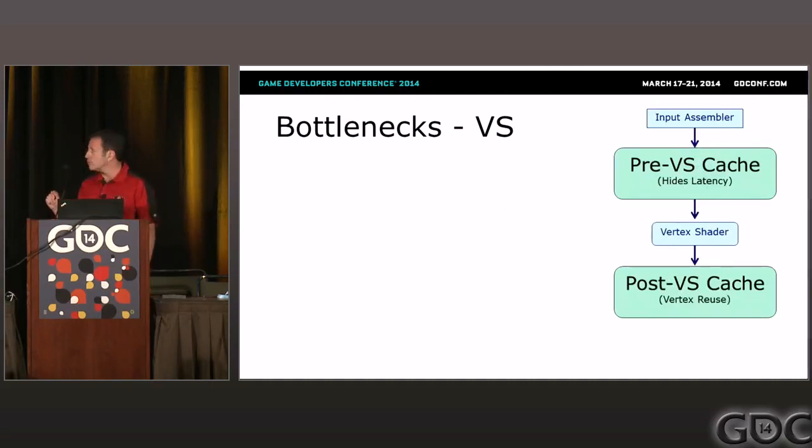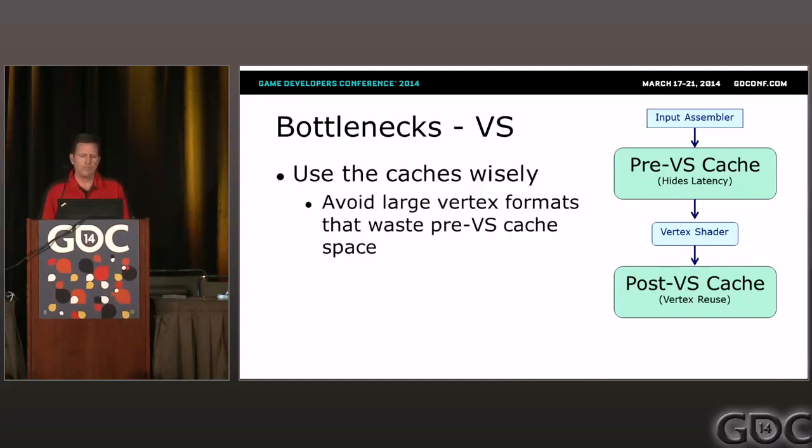Another thing to consider with the vertex shader are the caches. And you've got a pre-vertex shader cache and a post-vertex shader cache. The pre-vertex shader cache is mainly for hiding latency. And the post-vertex shader cache allows you to reuse vertices. Now, you want to use these caches wisely.